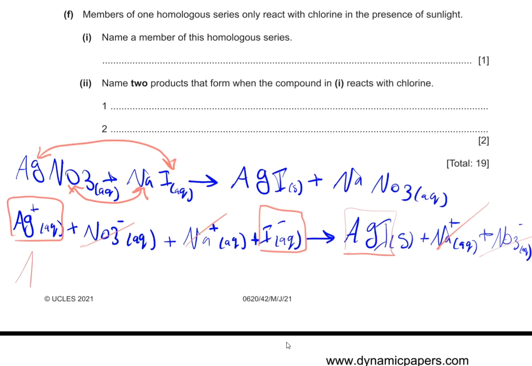So the net ionic equation would be something like this: silver ion plus iodide ion gives us, don't forget the state symbols, aqueous, and that gives us silver iodide solid.